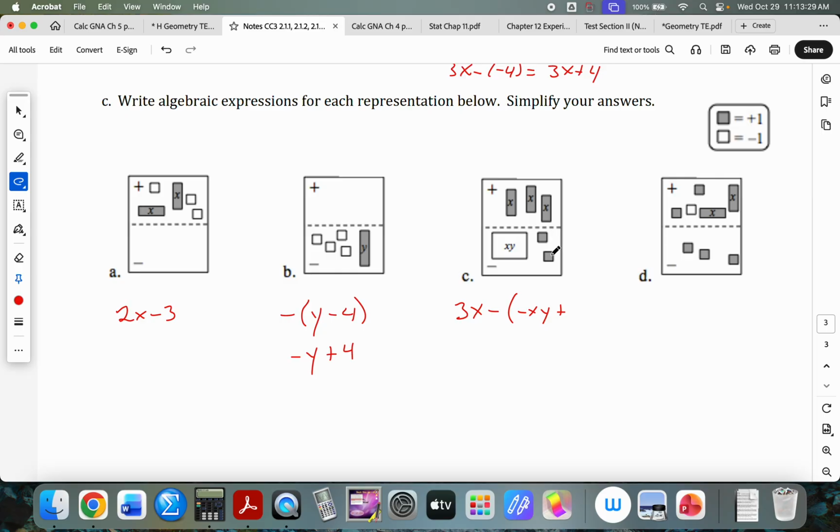Negative. So those are positive. Now, if we were to simplify that by bringing everything to the positive region, minus a negative xy would be plus xy. And minus the positive 2 would now become minus 2.